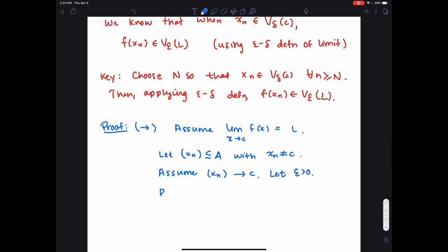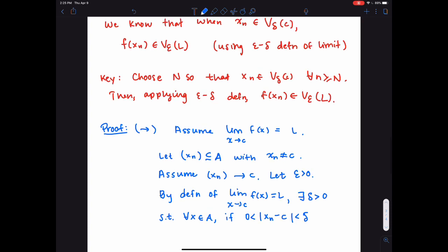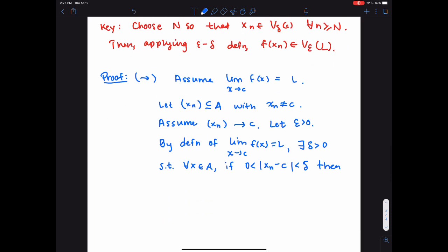So by definition of the limit as x going to c of f of x equals L, there has to exist a delta greater than 0 such that for all x in A, if 0 is less than the absolute value of x minus c, which is less than delta, then, oops, there is no n here.